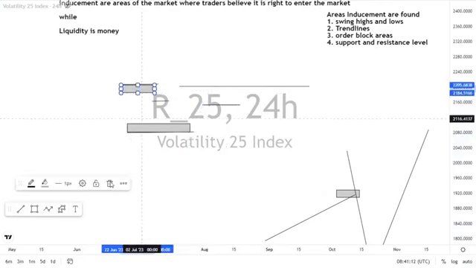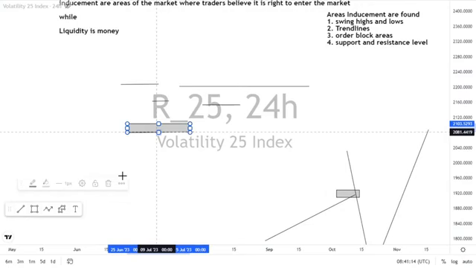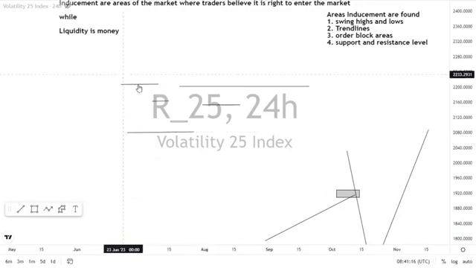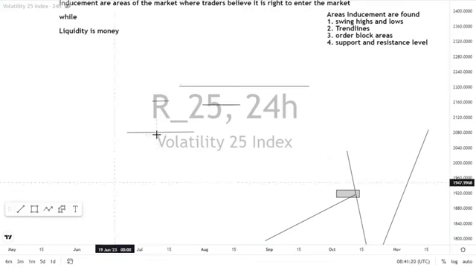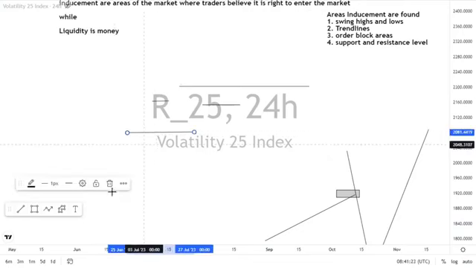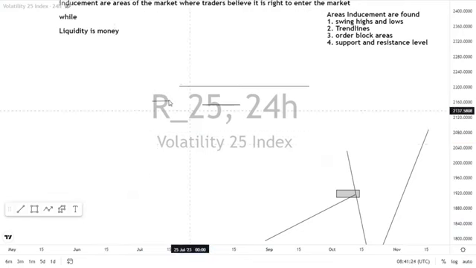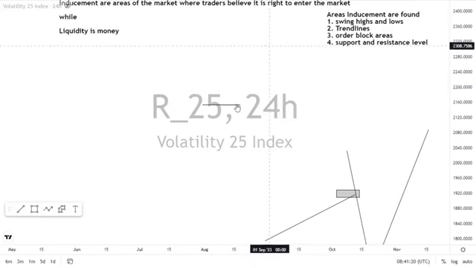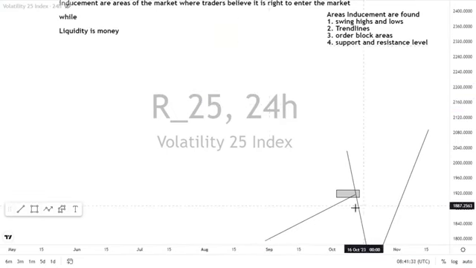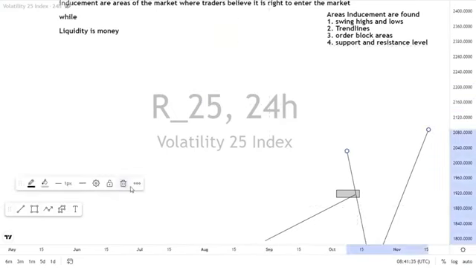So let me just delete all of this and go to chart immediately and give you an explanation of what I'm talking about. I'm going to show you guys the liquidity, the inducement, and all of those things. I'm going to explain them to you on chart right now, and then we're going to see them together. So let's just delete all of this.